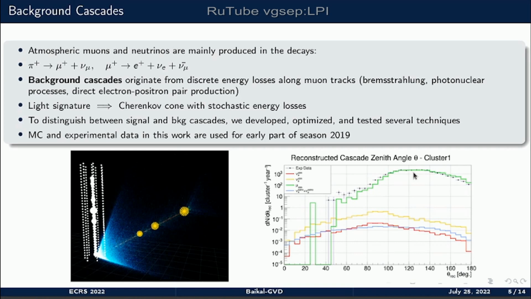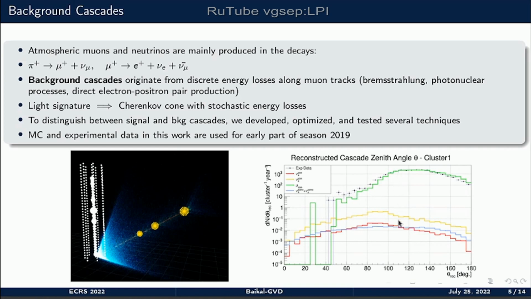And we can see that most of the reconstructed cascades in the experimental data come from background cascades from atmospheric muon bundles, because these two curves are in good agreement, especially in this downgoing region. And the upgoing region for background cascades from atmospheric muon bundles is due to mis-reconstruction of the zenith angle.